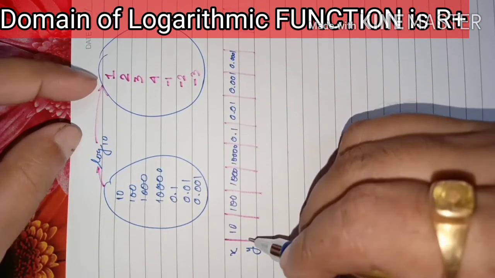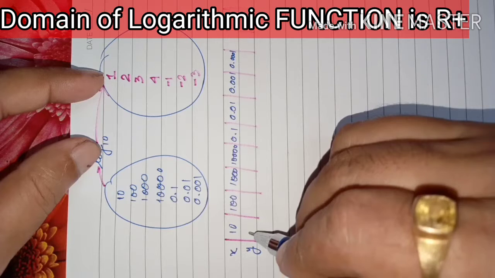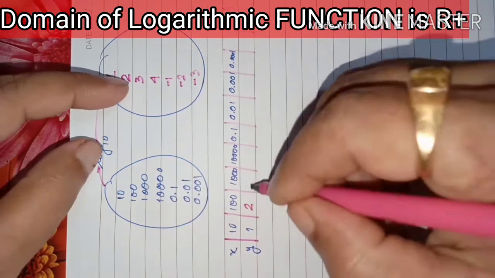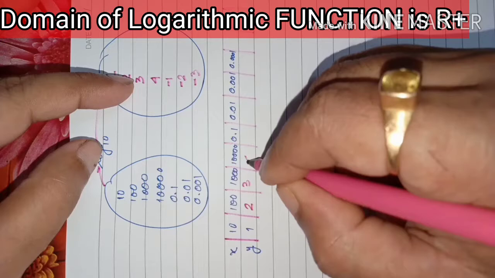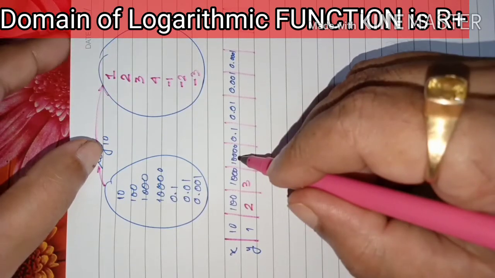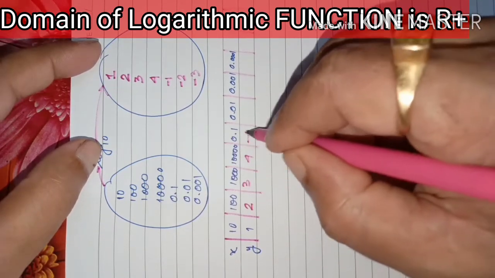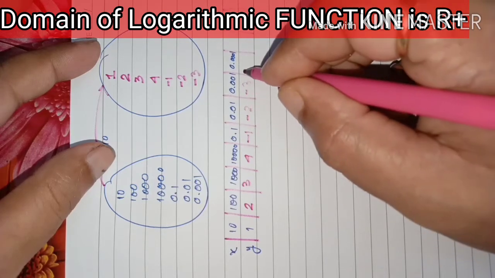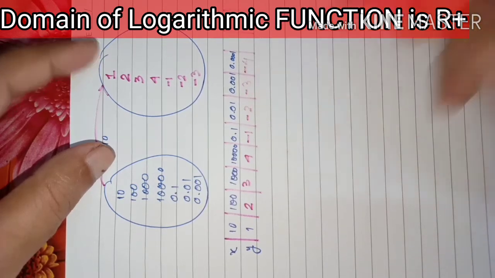You see, when the base is 10, the y value is 1, then next 2, 3, then 4, meaning 10 to the power of 4 is 10,000, like that. Then minus 1, minus 2, minus 3, minus 4, and so on.